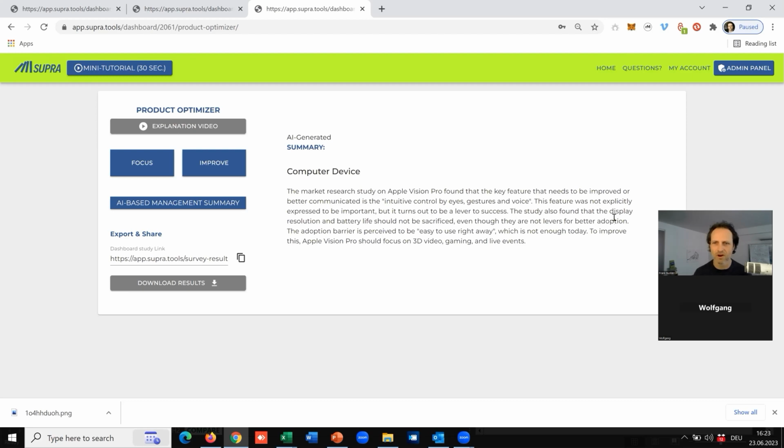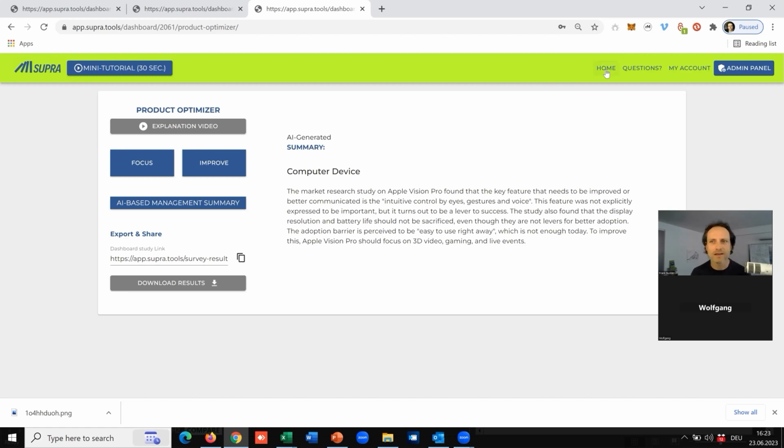The study also found that the display resolution and battery life should not be sacrificed, even though they are not levers to better adoption. The adoption barrier is perceived to be easy to use right away, which is not enough today. To improve this, Apple Vision Pro should focus on also 3D video gaming and live events. This was also one bubble I didn't mention here. So if this is not interesting, I don't know.